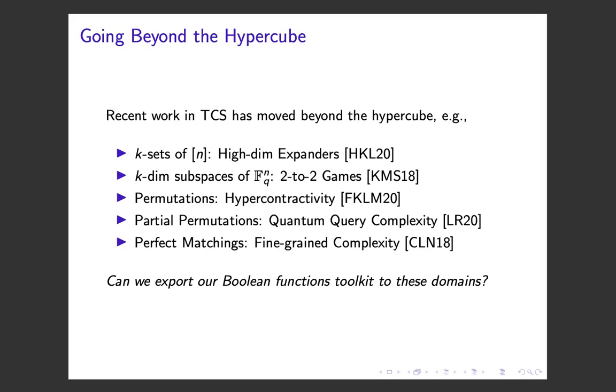A natural question is, since in theoretical CS we're starting to consider other domains that are quite dissimilar from the hypercube, can we export our Boolean functions toolkit that we've honed on the hypercube to these other combinatorial domains?